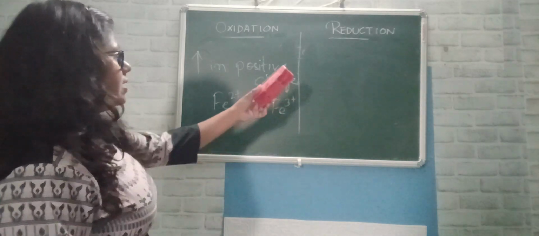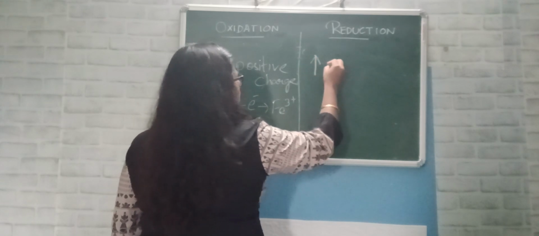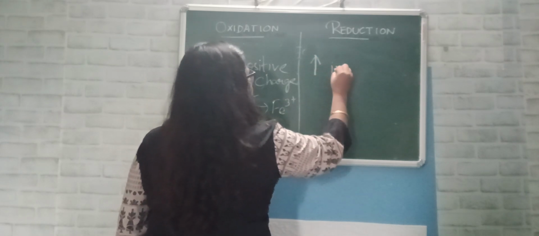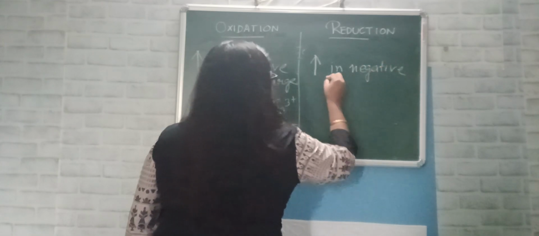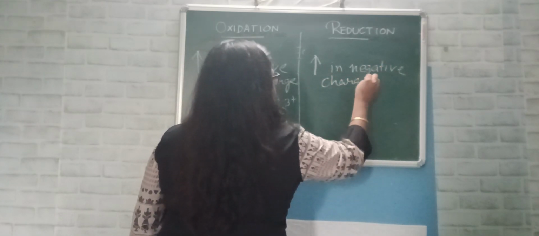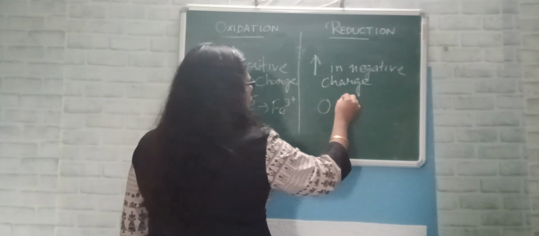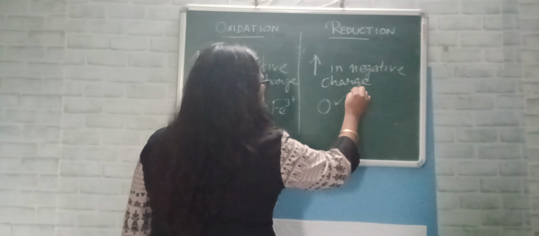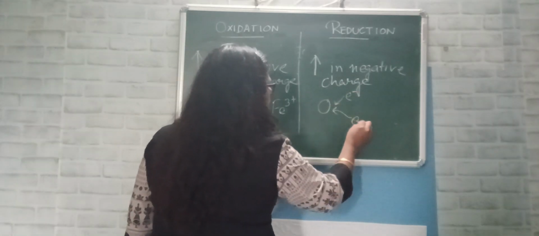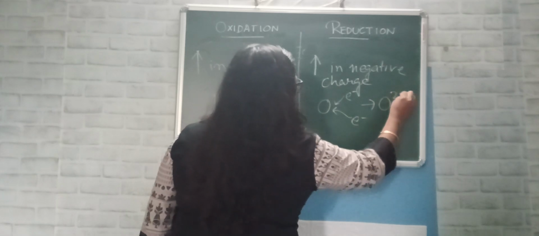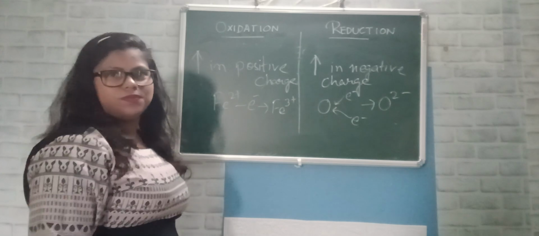In case of reduction, there is always an increase in negative charge, like an oxygen: if it gains one electron, it will be O1-, and when it gains 2 electrons, it becomes O2-. 1 minus, 2 minus, gaining negative charge.